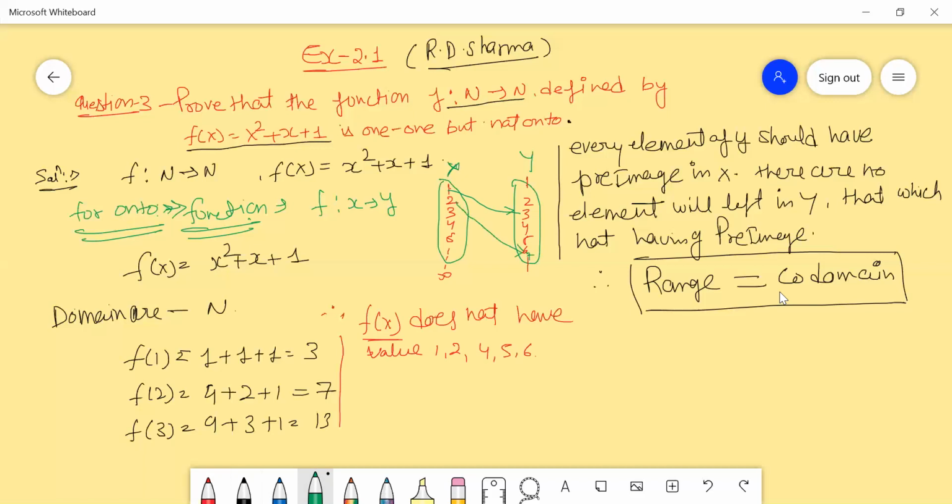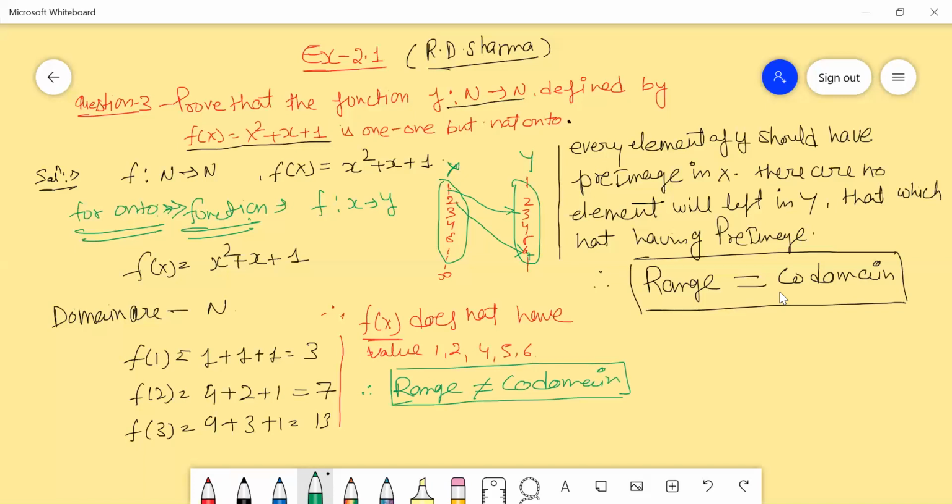So in y, according to the definition of onto, every element of y should have a preimage, but here 1 and 2 do not have any preimage, and 3, 4, 5, 6 also do not have a preimage. So it means the range is not equal to the codomain, right?